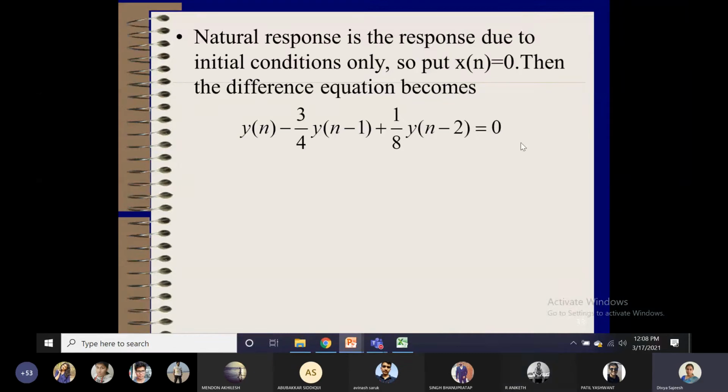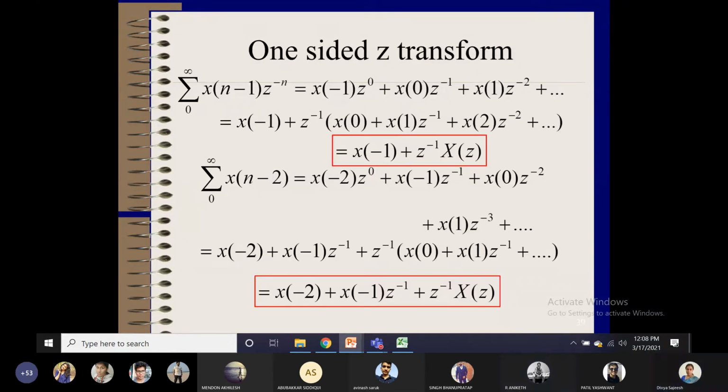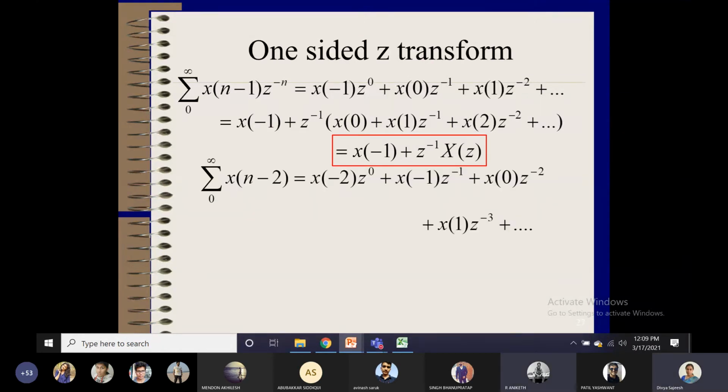Hello, ma'am. Yes. Ma'am, can you just once more explain from x of n minus 2? Yes, ma'am. Okay. Here, if you expand the series, how will you expand?